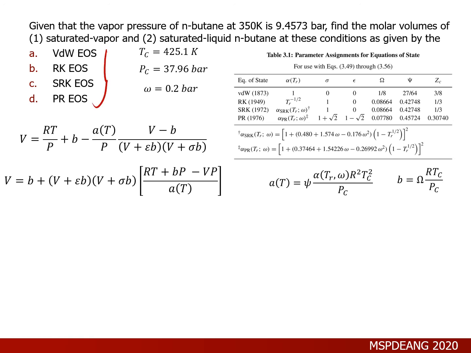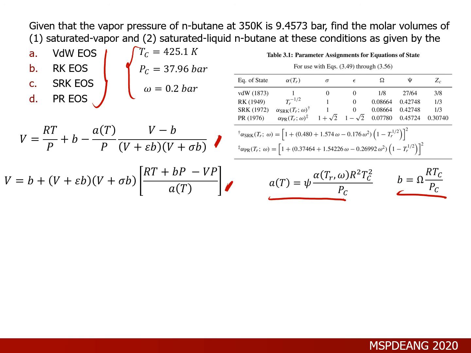Given the following properties of N-butane, what you now need to do is calculate for the liquid root and the vapor root. Given these values of A of T and B.